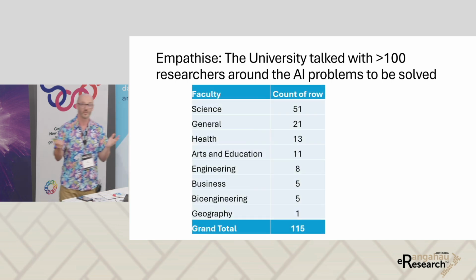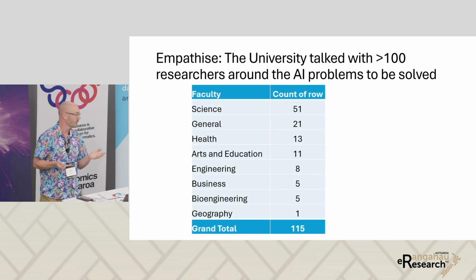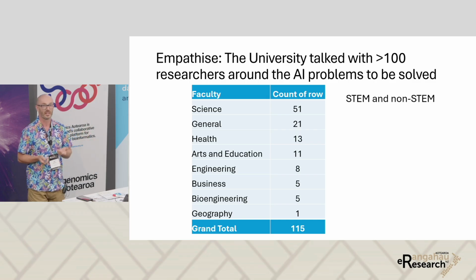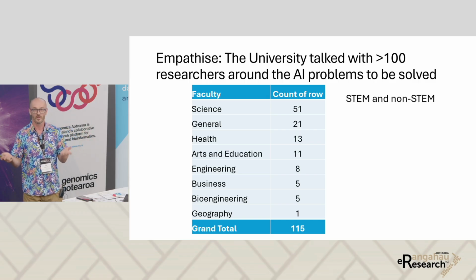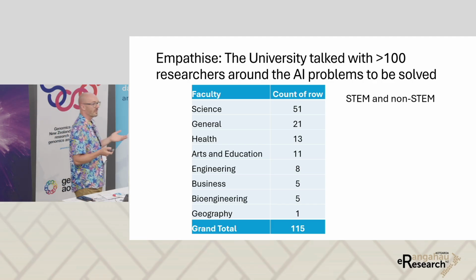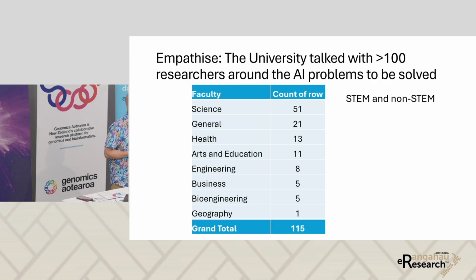Not surprising when we look at it from a faculty point of view, well yes, STEM, who have been using computing for empirical analysis, are early adopters of AI technologies and have a really clear understanding of where it might help or be involved.